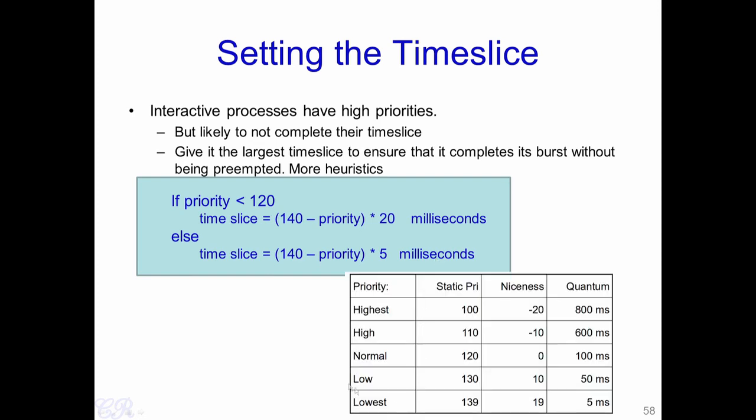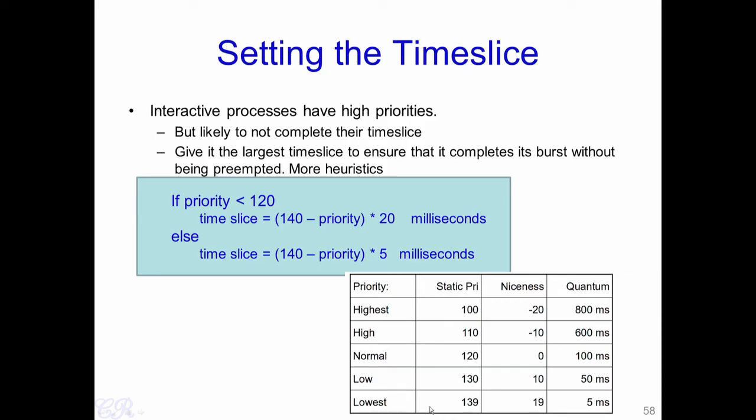As a result, if you see this particular table, you see that if you have a static priority of 100, that is obtained by having a nice value of minus 20, it means that this is an interactive process and is given a large time slice of 800 milliseconds.